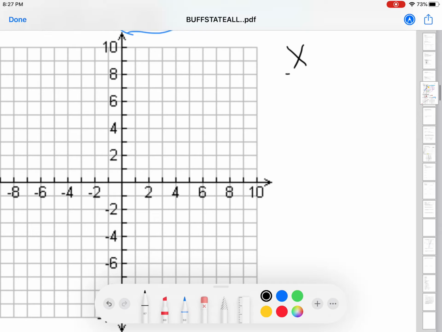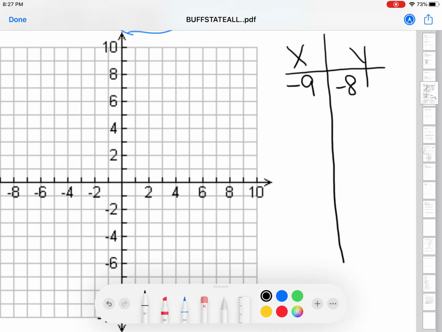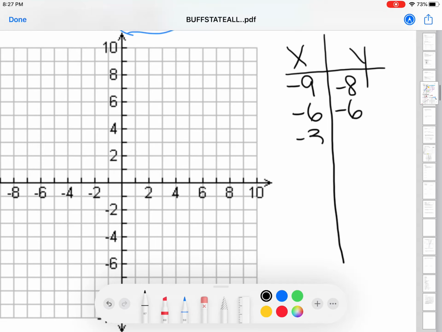I'm going to take a second to write out that table so I don't have to keep flipping from screen to screen. Hopefully this will also help you see what we're doing here. Remember, the first nice point was negative 9, negative 8. After that, the next couple points weren't good. I want negative 6, negative 6. That was the next one with nice whole numbers, no decimals.